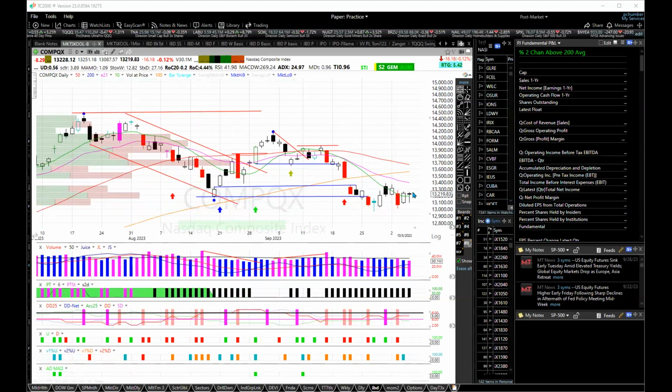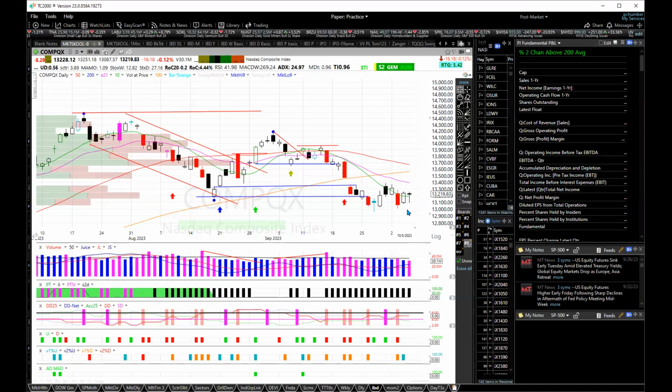We can see a very tight body, a long tail to the downside, and very little wick on the upside, which is constructive. So if we can build on this and start to move up, we may be able to find that follow-through day in the coming days.